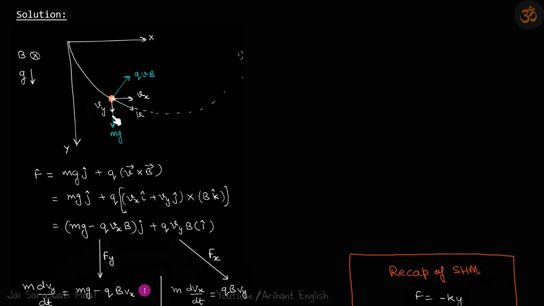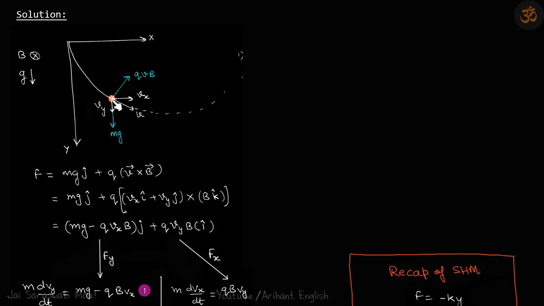Forces will be mg downwards and QVB perpendicular to velocity. Magnetic field is B inside the plane, gravity is down, and we have taken positive y-axis downwards and x-axis towards right.